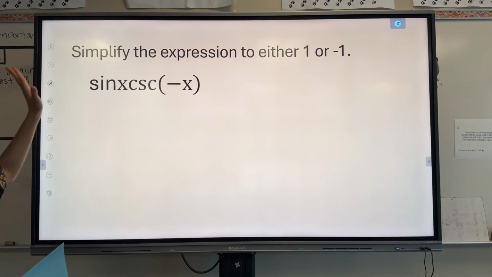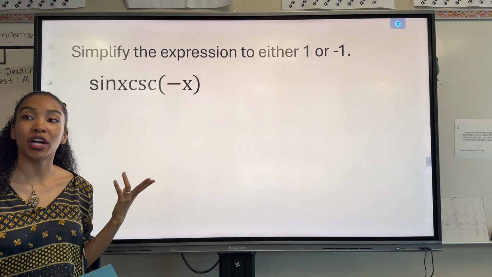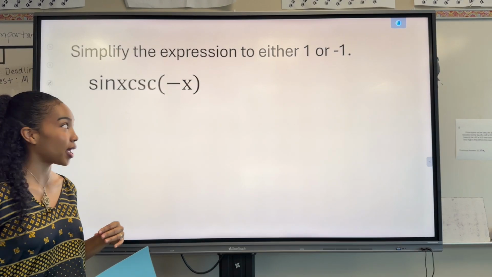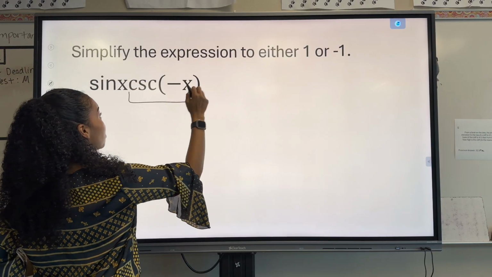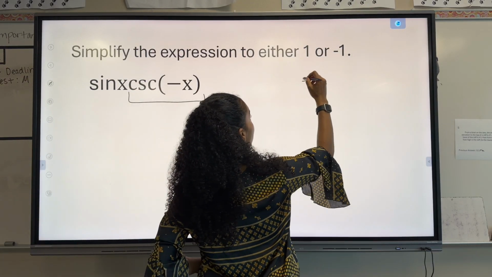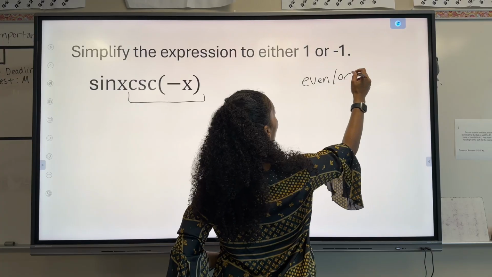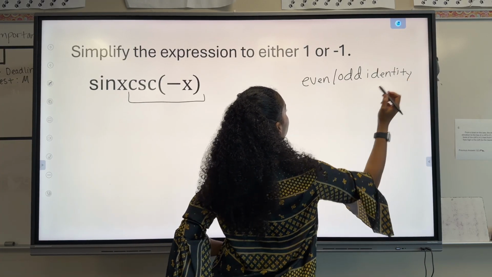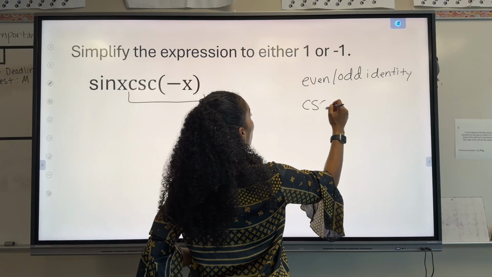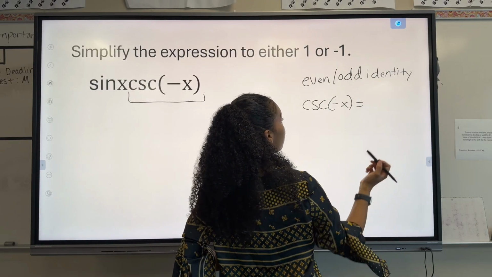Now, we're going to simplify the expression to become 1 or -1, okay? So guys, let's look at cosecant of -x. You guys need to look at the even and odd identities. Look at this on your formula sheet. You should see that cosecant of negative x is equal to what?